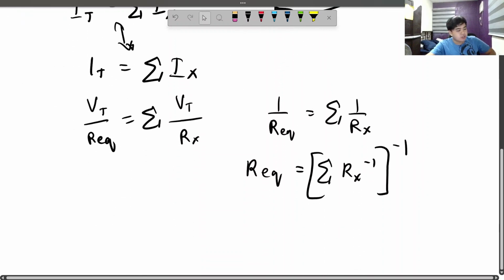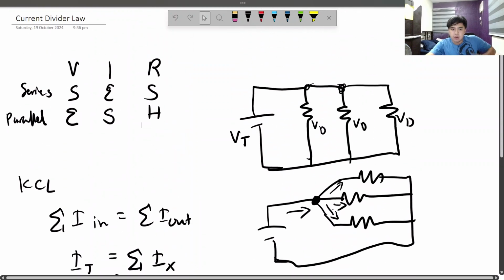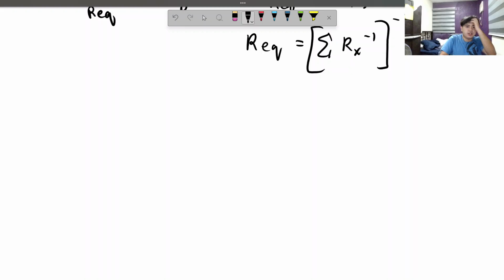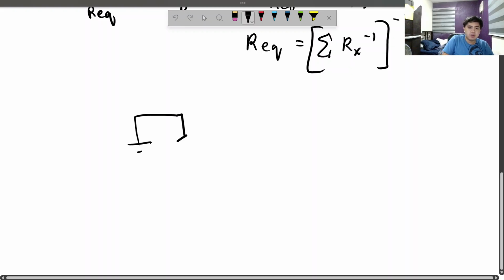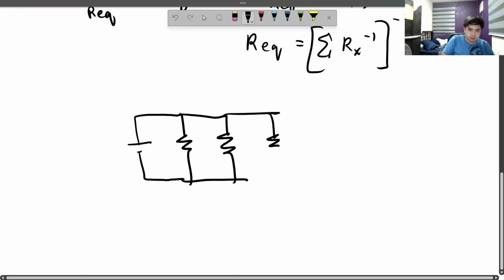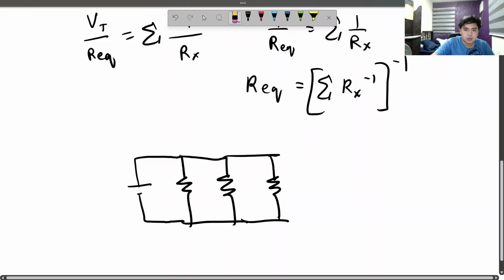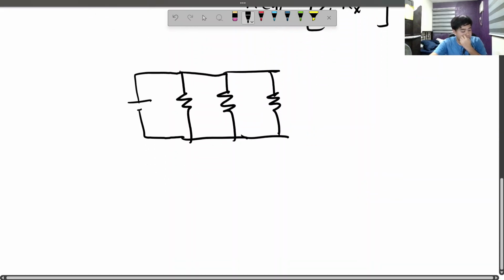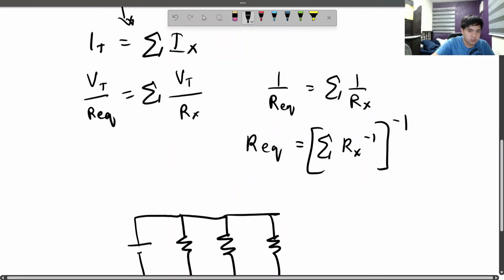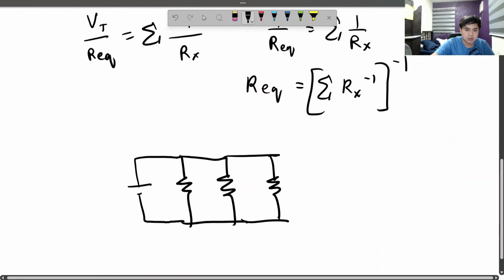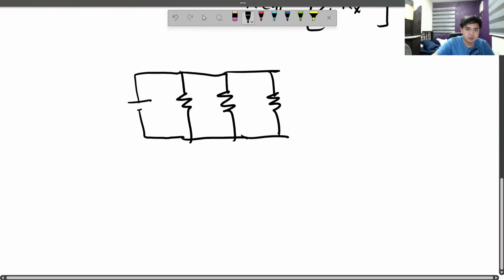So how do we derive the current divider law here? Well, in a parallel circuit, we need to find the current in one particular region or one particular resistor. So how do we find that? First, we know that the currents are additive and the voltages are equal to each other. So whatever voltage goes on in here must be equal to the V total.